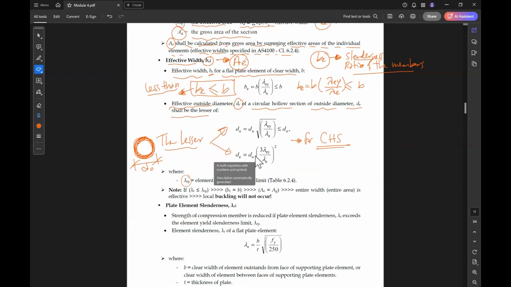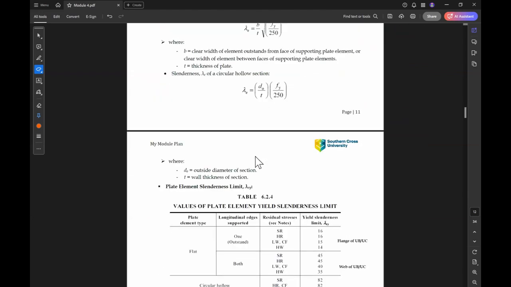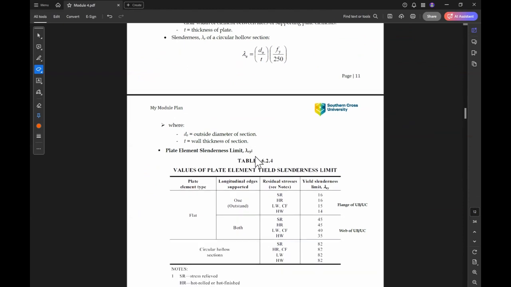So we need to find lambda E and lambda EY. Lambda EY is the element yield strength limit from table 6.2.4. So let's have a look at this table here. The plate element slenderness ratio, lambda EY, comes from this table, depending on what member you are designing.